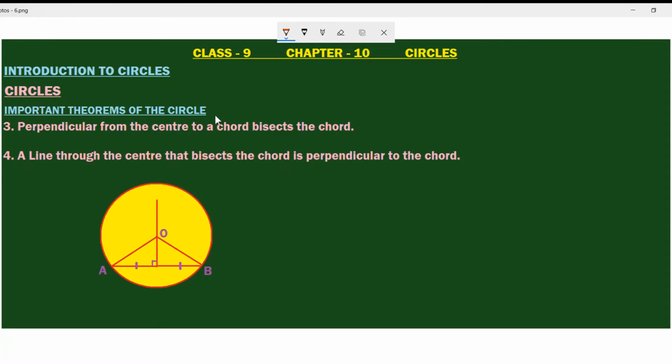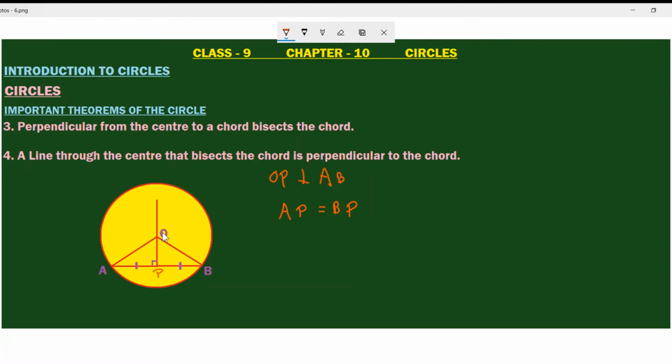We will give a name to this point. If OP is perpendicular to AB, then OP will bisect the chord. That means AP is equivalent to BP. We need to prove AP is equivalent to PB.